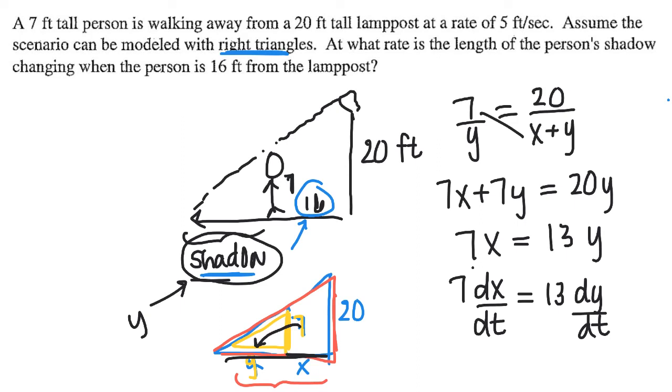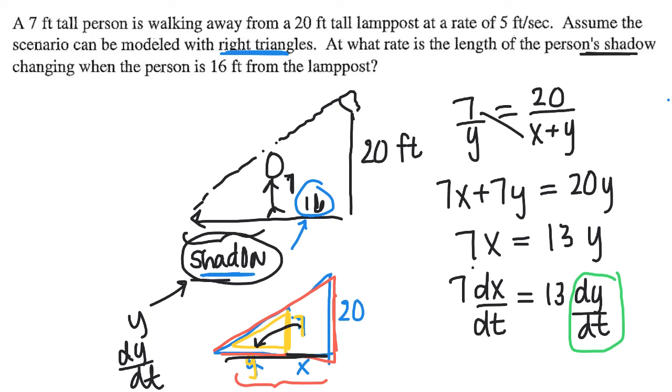So what are we trying to find? I needed to find the rate of change of the length of the person's shadow. So if I let y be the shadow part, I'm looking for dy dt. It would be great if I knew what dx dt was.